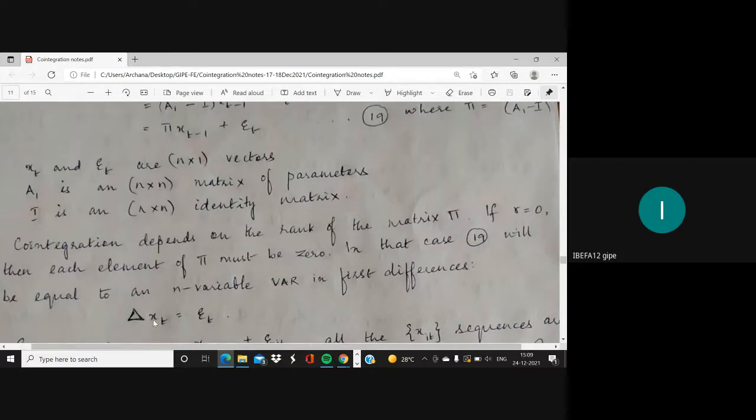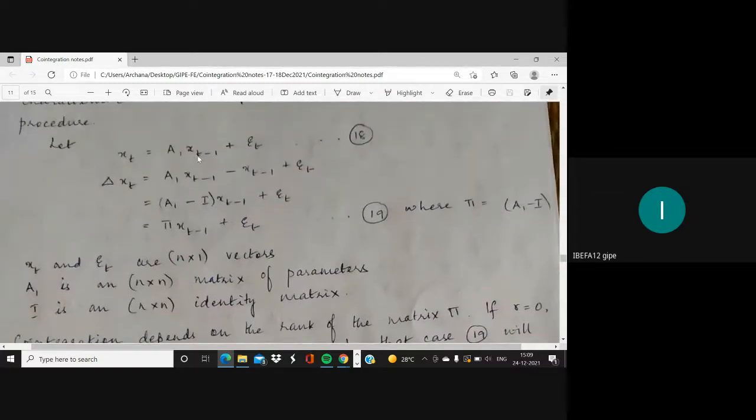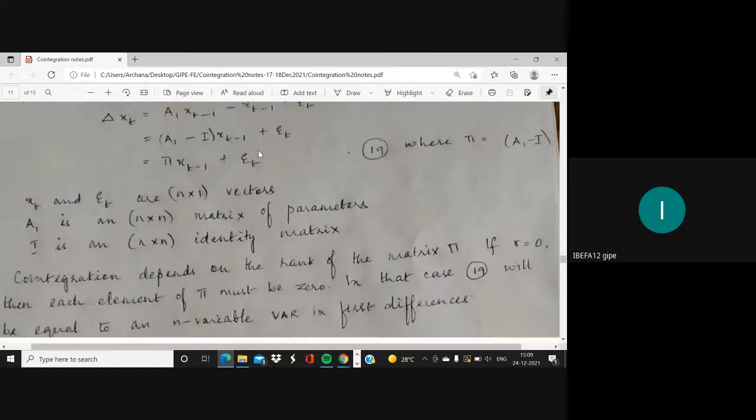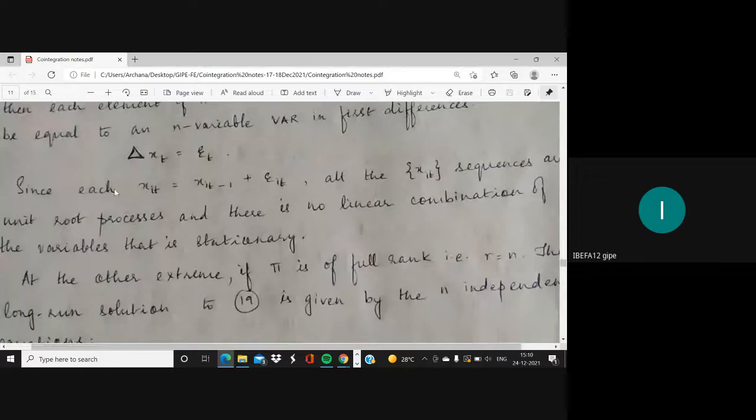So it will simply be equal to an n variable VAR in first differences. If I rewrite this equation, I'll be writing it as xt is equal to xt minus 1 plus epsilon t. Now since each xit is equal to its lagged value plus the error term, all the xit sequences are unit root processes. Remember that the coefficient attached to xit minus 1 is 1.